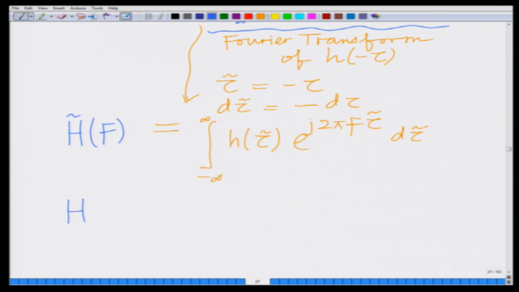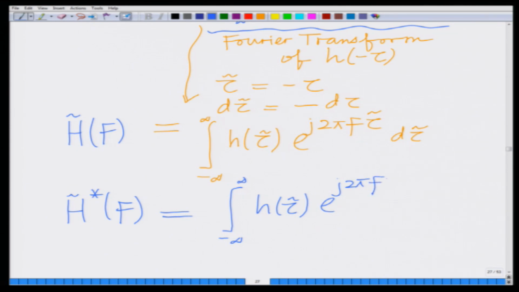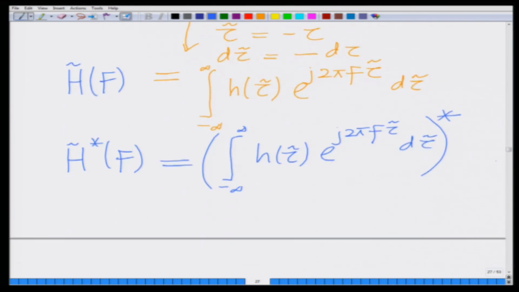Now, if I consider h tilde conjugate of f, that is equal to the integral from minus infinity to infinity of h of tau tilde e power j 2 pi f tau tilde d tau tilde, conjugate, which is equal to the integral from minus infinity to infinity of h conjugate tau tilde e power minus j 2 pi f tau tilde d tau tilde.